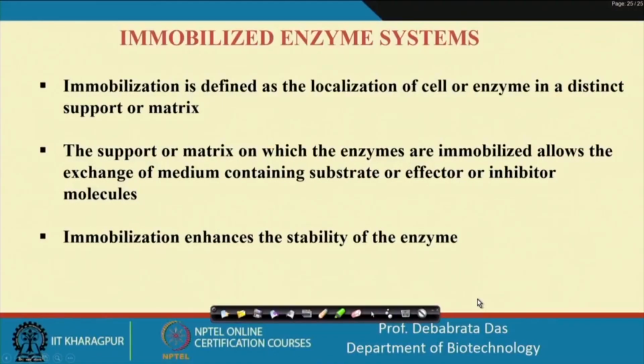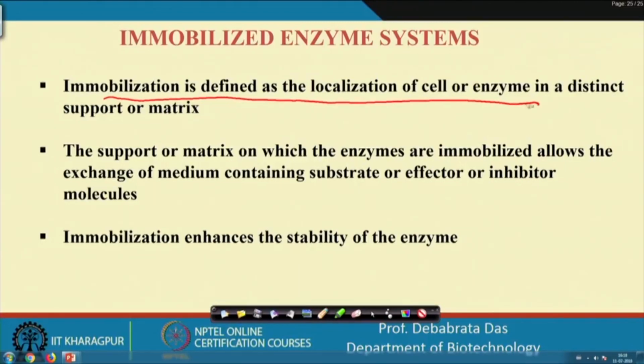Now, what is called an immobilized enzyme? Immobilized enzyme is defined as the localization of enzyme cells or enzyme in a distinct support or solid matrix.